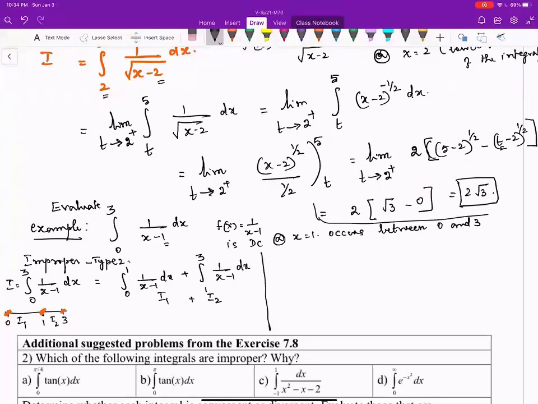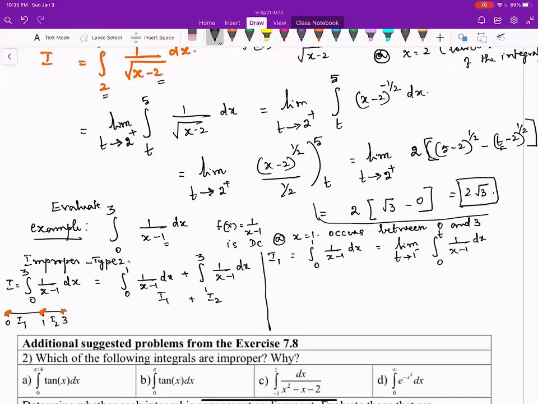If I do I1, this integral 0 to 1, 1 over x minus 1 dx, there is a discontinuity at the upper limit. So you need to write limit as t approaches 1 from the left of the integral 0 through t, 1 over x minus 1 dx, because the discontinuity occurs at the upper limit.